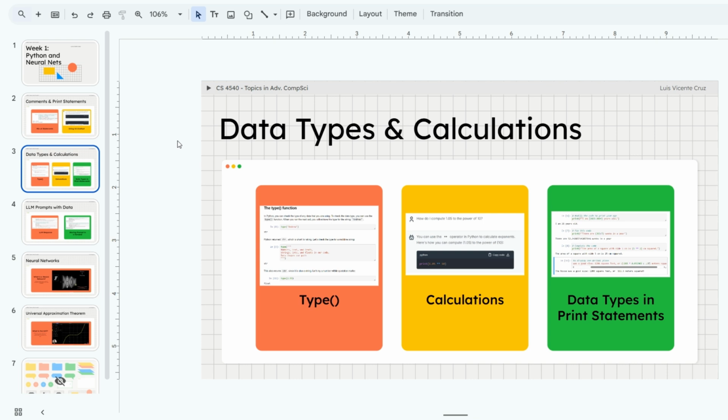Then the course moves on to talking about data types and calculations. So we talk about strings, we talk about floats, we talk about doubles, and these are all different types of data that hold different values, right? Depending on what it is that you're needing something like a variable to do.